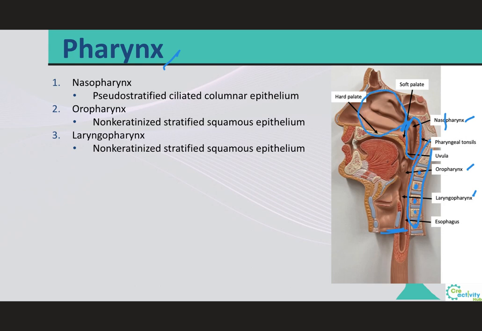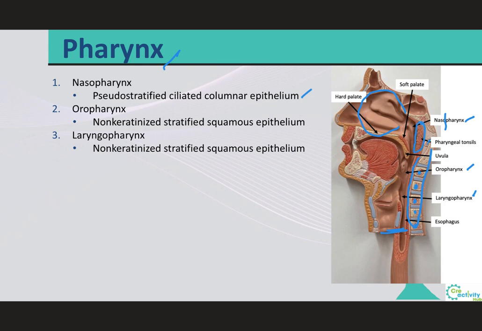And it's going to be lined by the typical respiratory epithelium, which is pseudostratified ciliated columnar epithelium. Also, remember we talked about the pharyngeal tonsils when we were talking about the lymphatic system. Well, they're going to be located on the posterior wall of the nasopharynx, as we can see right over here.